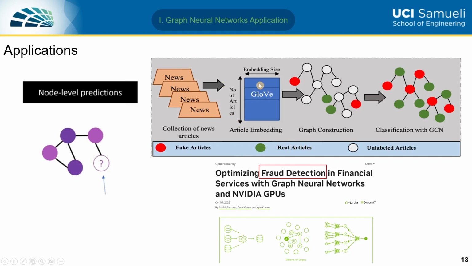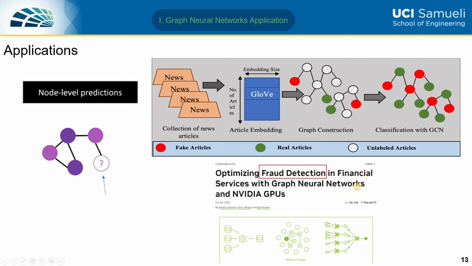You digitalize them, embed them, convert them to machine language, and then you make a graph out of it. From this graph structure, you train it a little bit, and then it can classify if this node is red or green, and how much red or green it is, with red being the fake articles and green being the real articles.